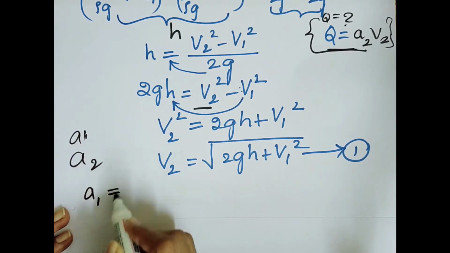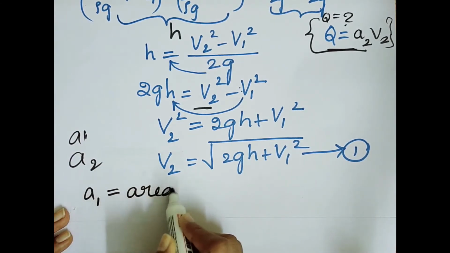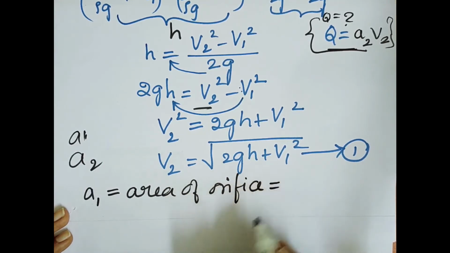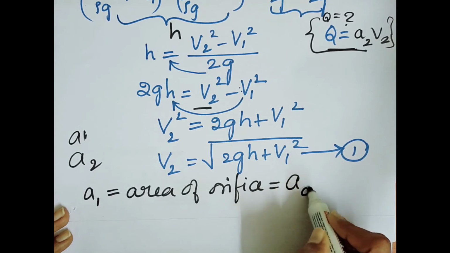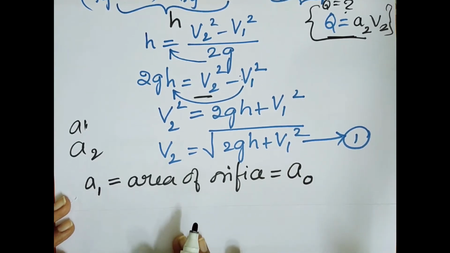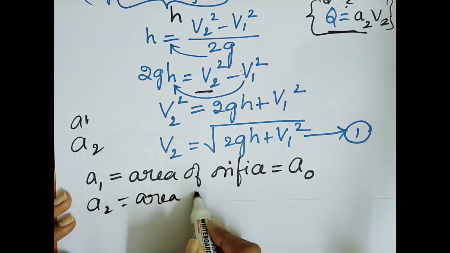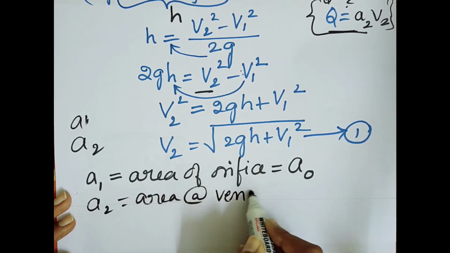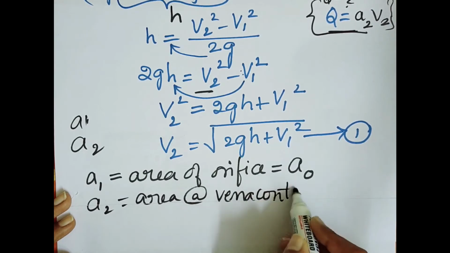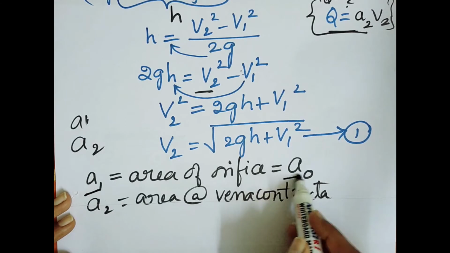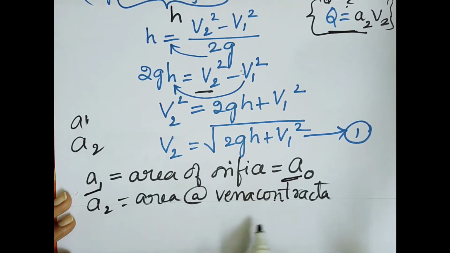A1 is the area of the orifice, which is denoted by A0. A2 is the area at vena contracta. So here A1 represents the area of the orifice, which is A0, and A2 represents the area at vena contracta.